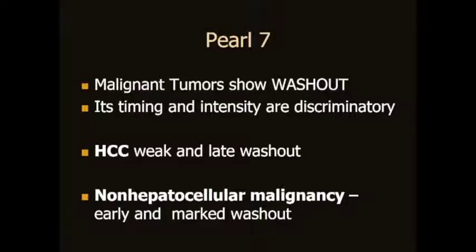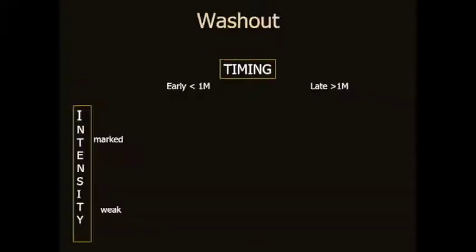And so what are our objectives? Well, we know that hepatocellular carcinoma is characterized by weak and late washout, and that non-hepatocellular malignancy, by comparison, has early and marked washout, as we've just been looking at on those metastatic lesions.